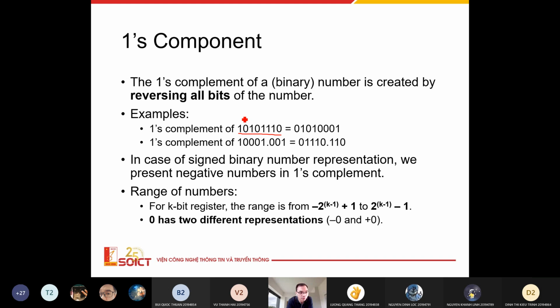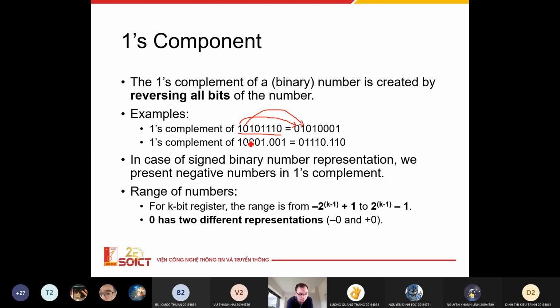I will inverse all bits of this number. So 1 becomes 0 and 0 becomes 1, right? That is the algorithm of getting the ones complement.